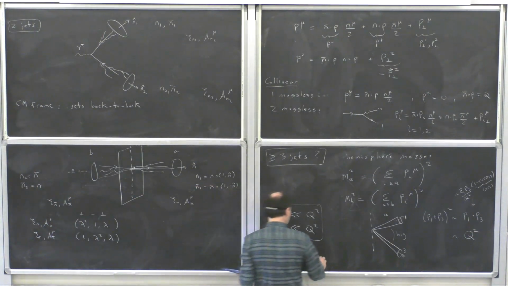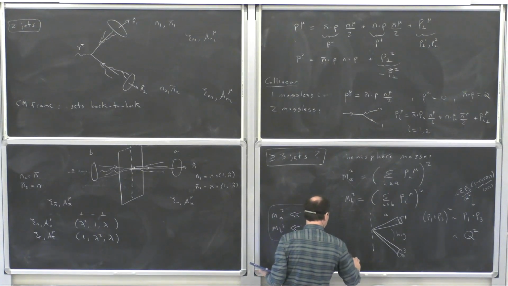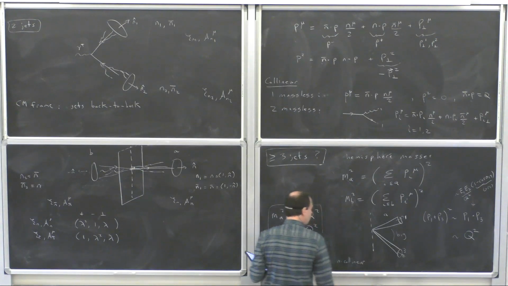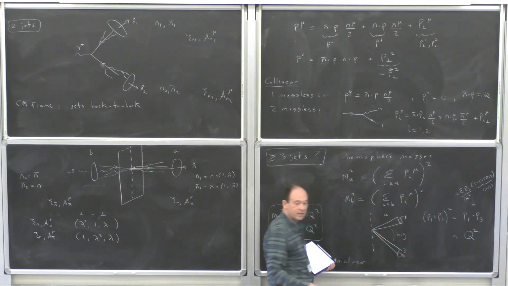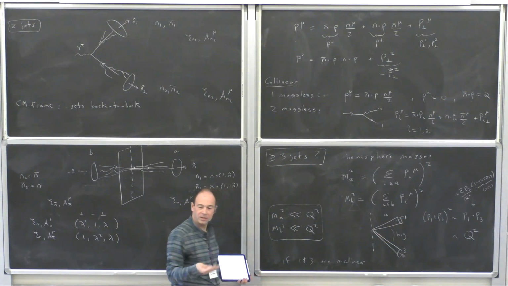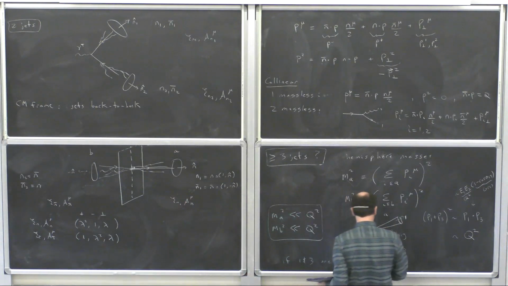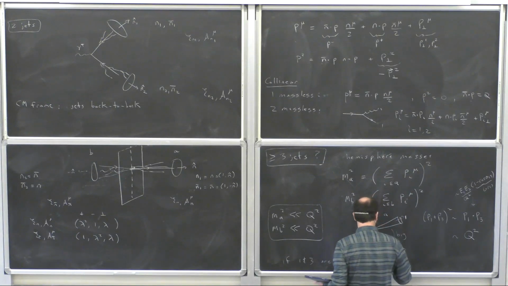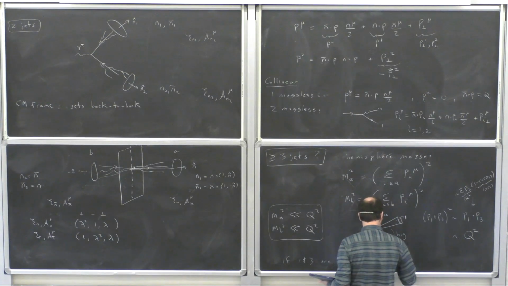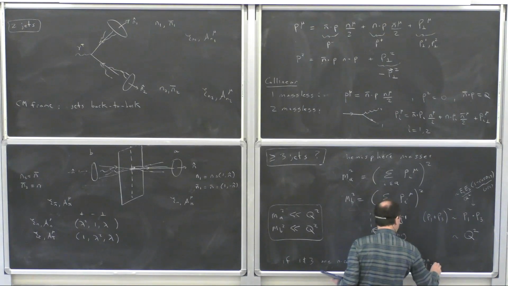So if 1 and 3 are n-collinear, i.e. the scaling of the momenta P1 and P3 are n-collinear, then the angle gets small, and the 1 minus cos theta provides additional powers of lambda. So in this case, (P1n plus P3n) squared is of order P1n dot P3n.